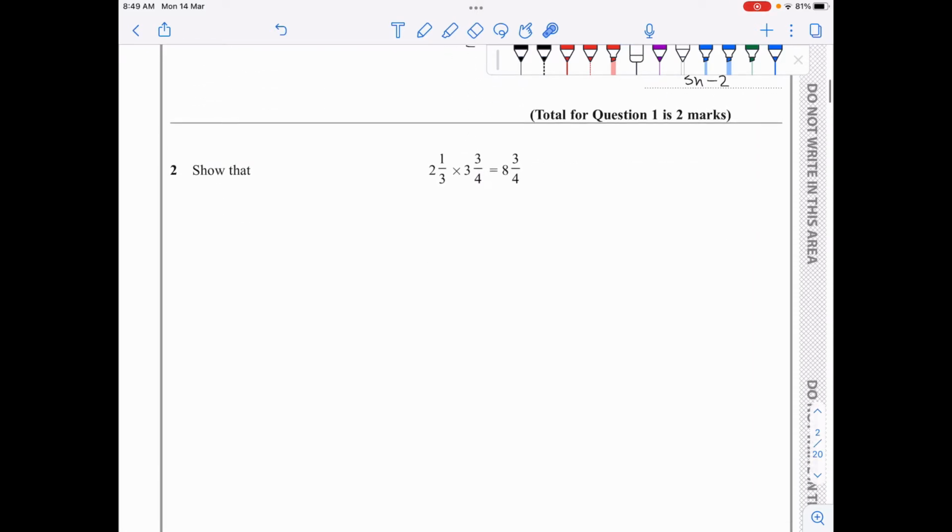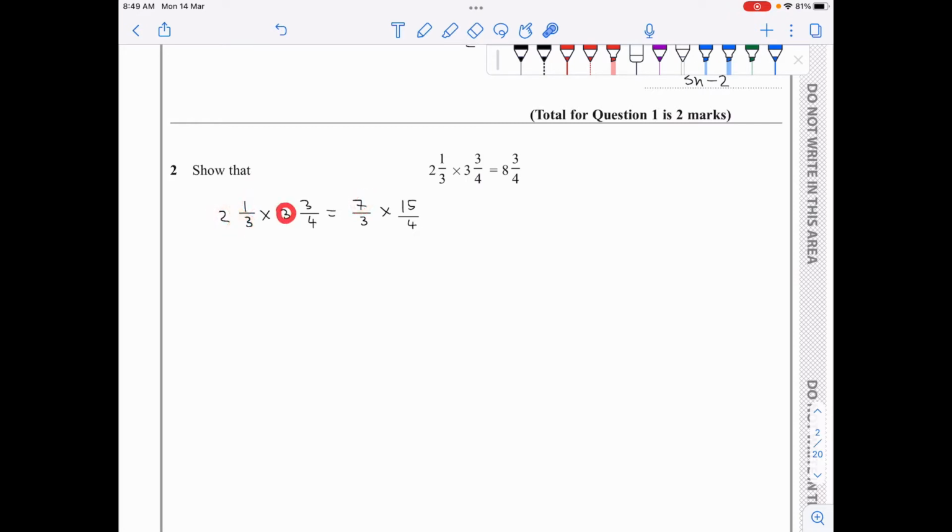Question 2, I will start by expressing everything as improper fractions. So 2 1/3 times 3 3/4 will be 7/3 times 15/4. Remember, I'm doing 2 times 3 plus 1, giving me the 7.